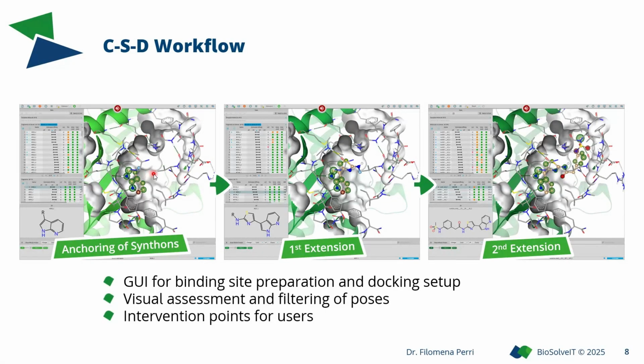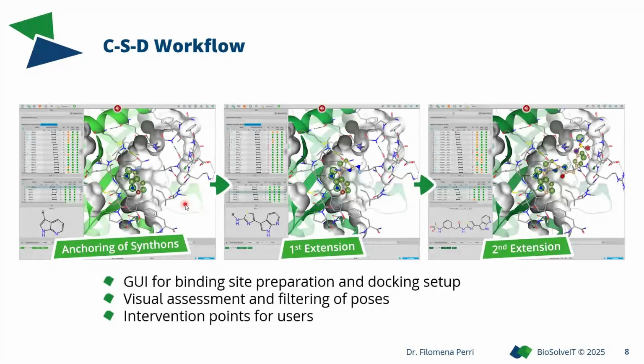For example, it would be absolutely pointless to grow a fragment or a synthon that points towards a dead end, towards an area that is not accessible in the binding pocket, or even worse, maybe points towards the solvent. No one would ever want that.